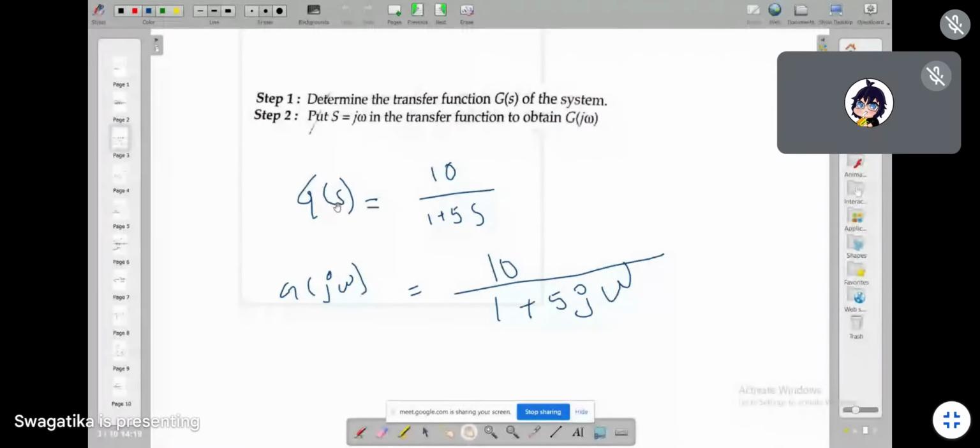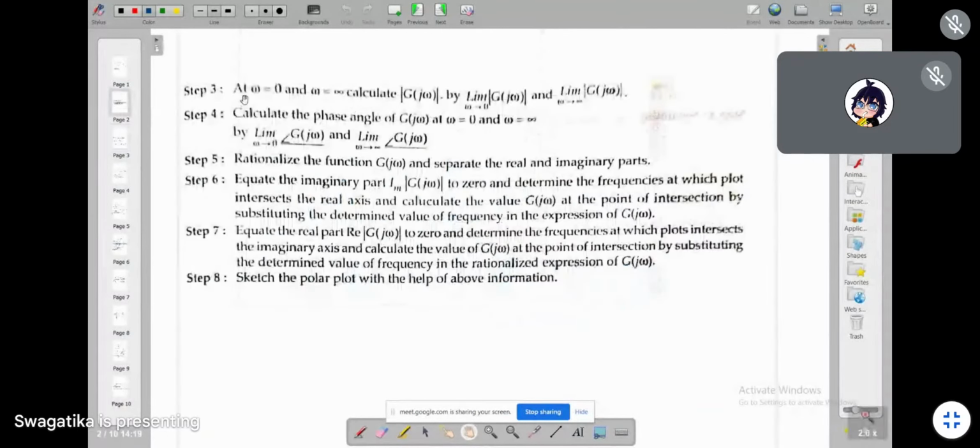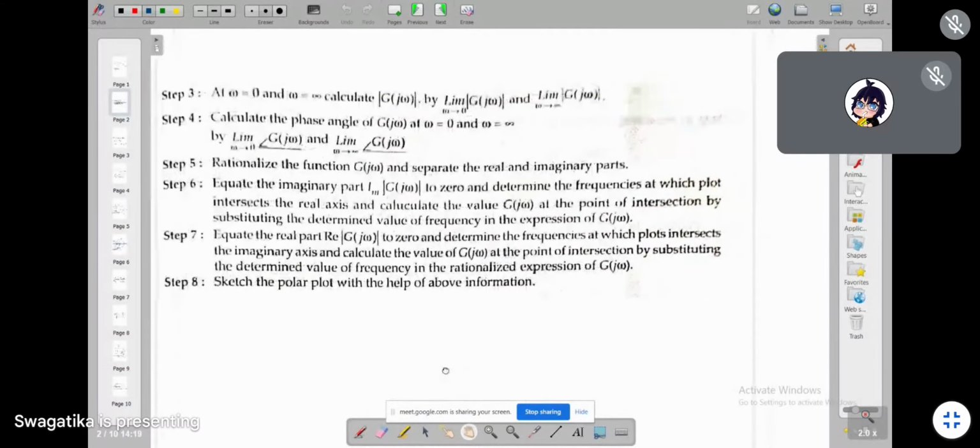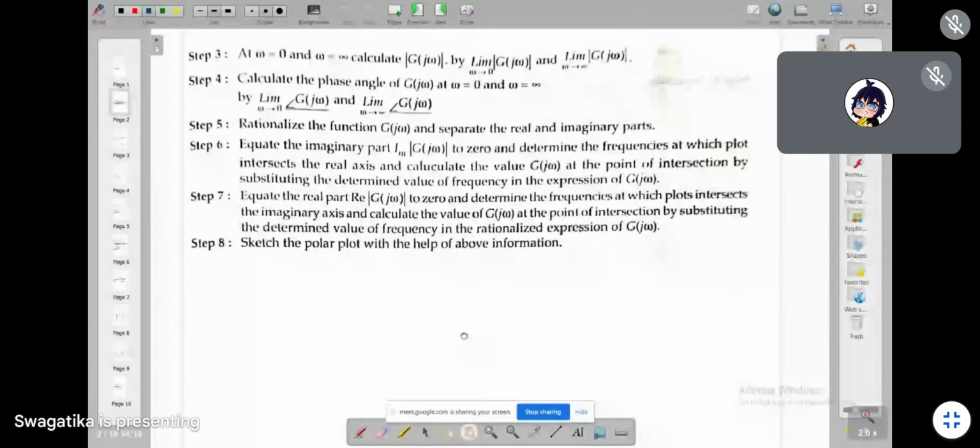Okay, now you have to find out the magnitude and phase at omega equals 0 and at omega equals infinity. I can write it like this. First I am taking omega, then I am writing magnitude and phase.